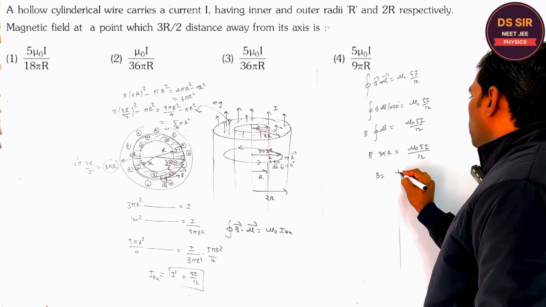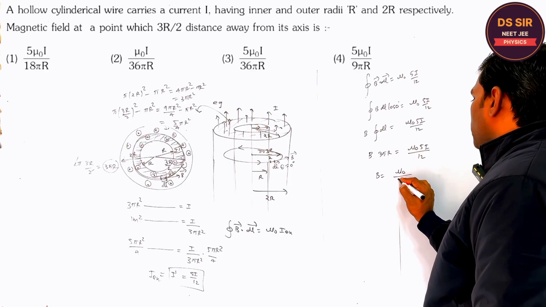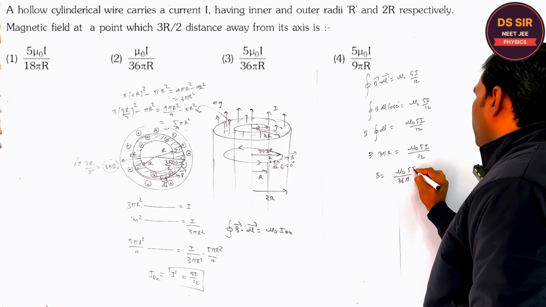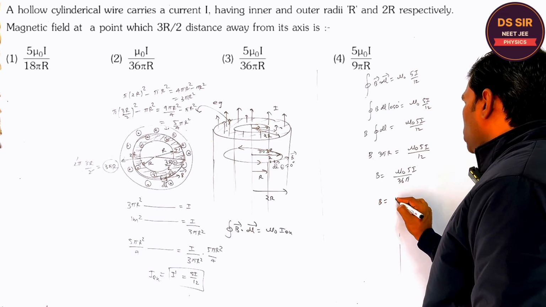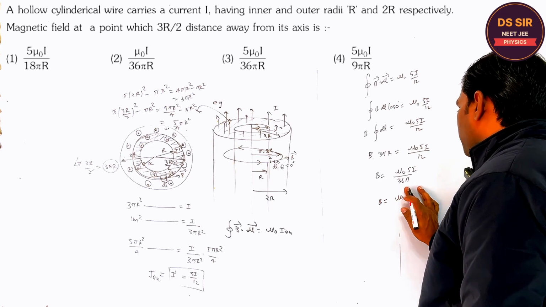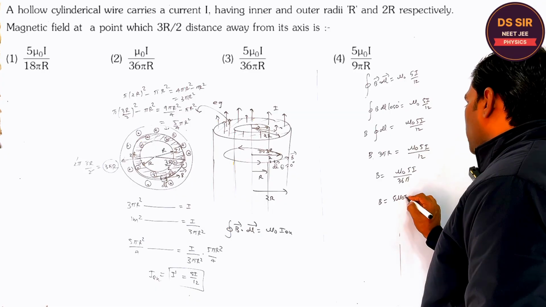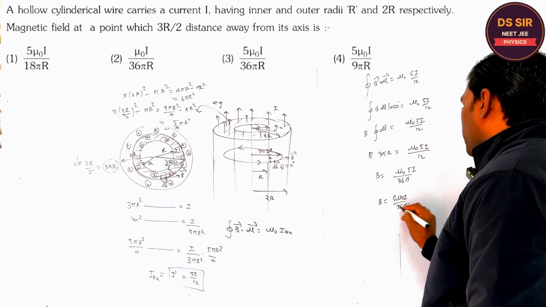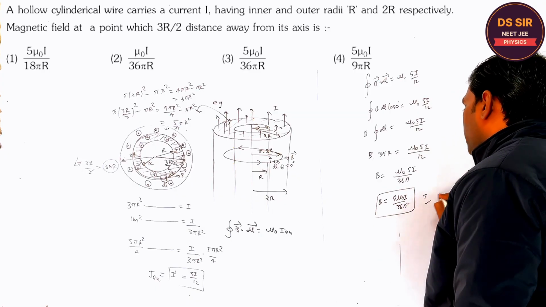B is equal to mu naught 5I upon 36 pi R. So B is equal to 5 mu naught I upon 36 pi R. So this is the answer.